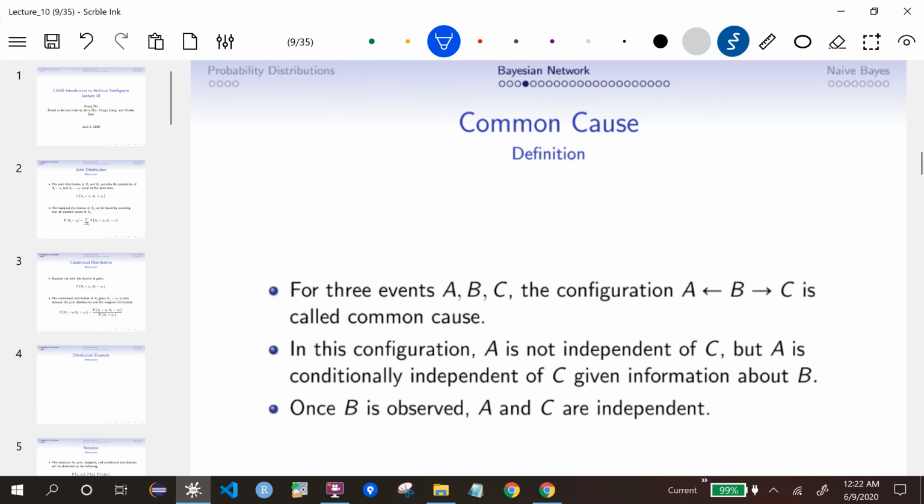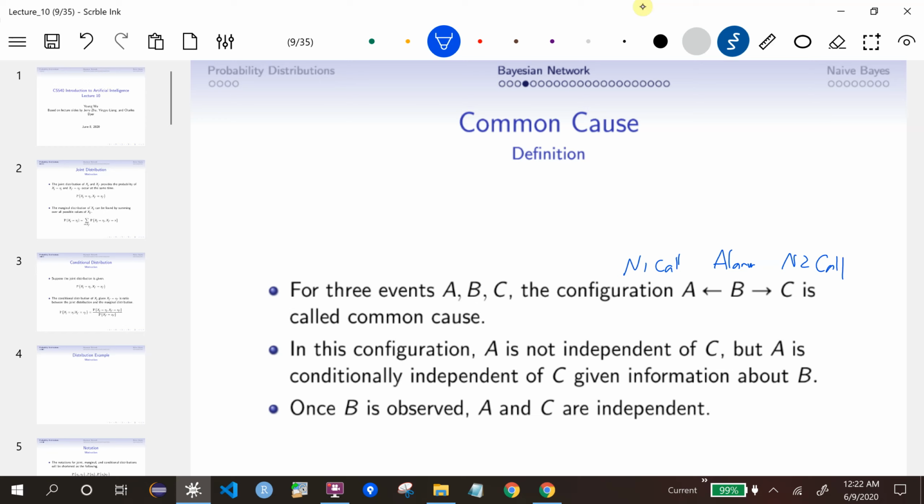And the other configuration is common cause. You have the same cause that can cause two different things to happen. So maybe there's an alarm, and it can cause your neighbor 1 to call you, and also it can cause your neighbor 2 to call you.